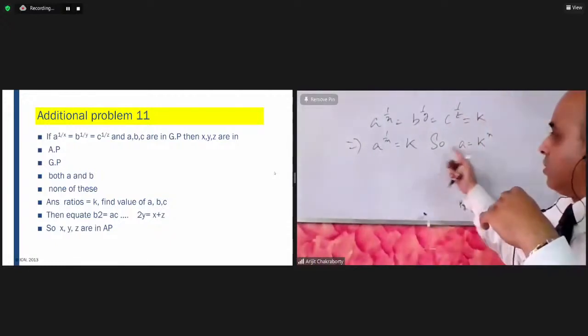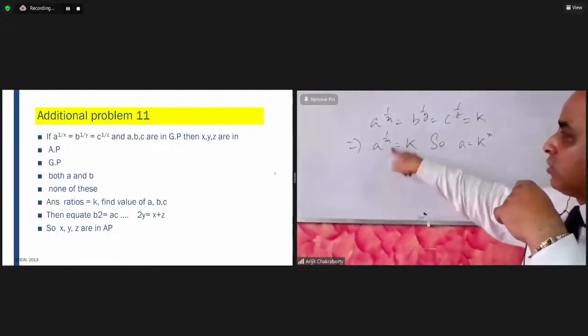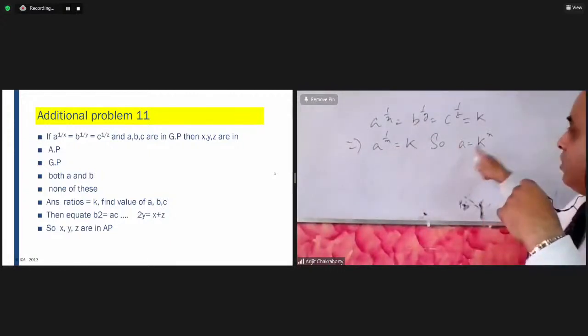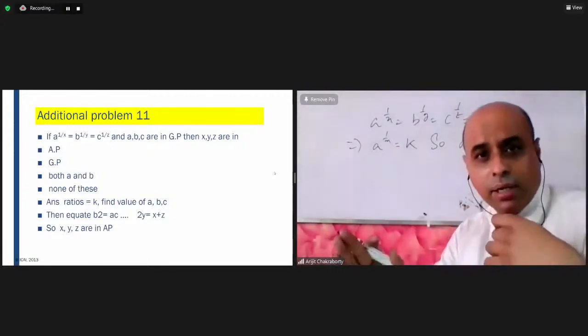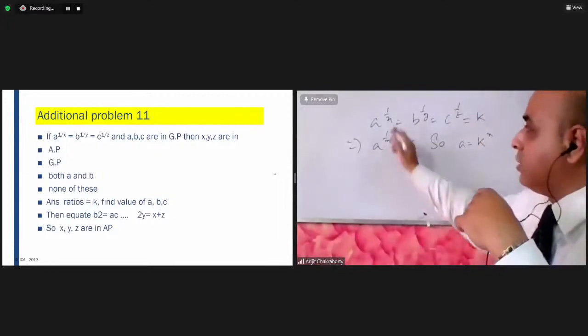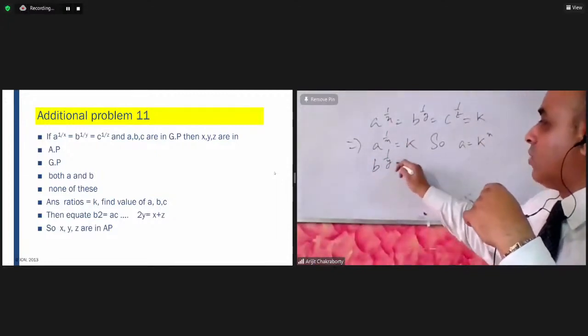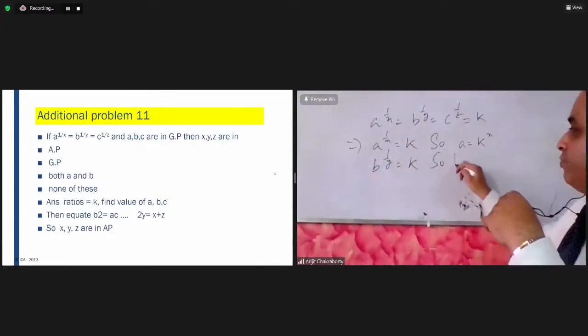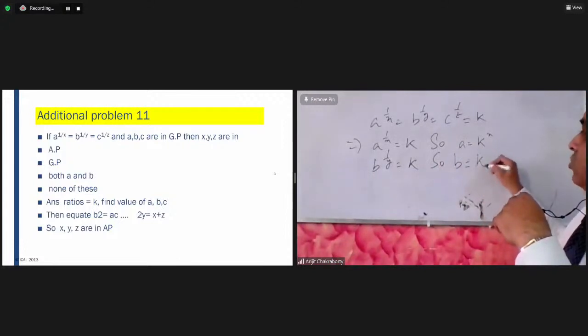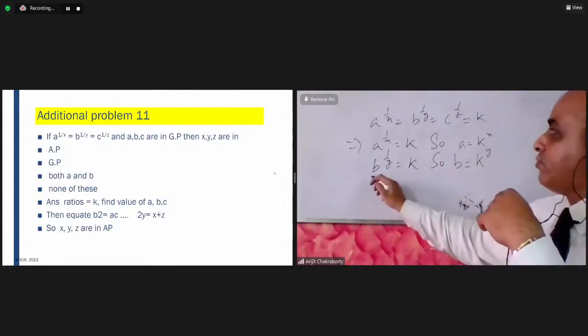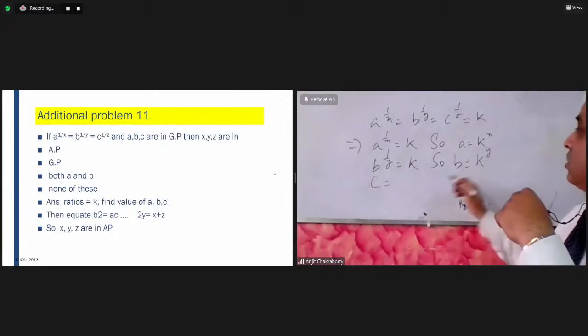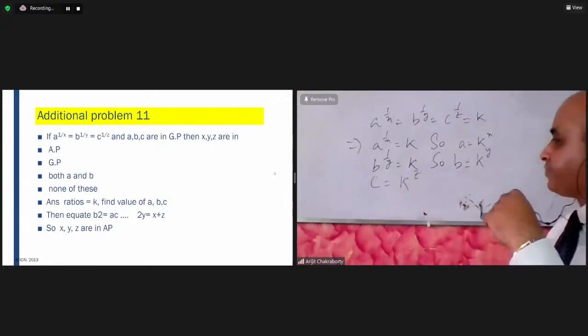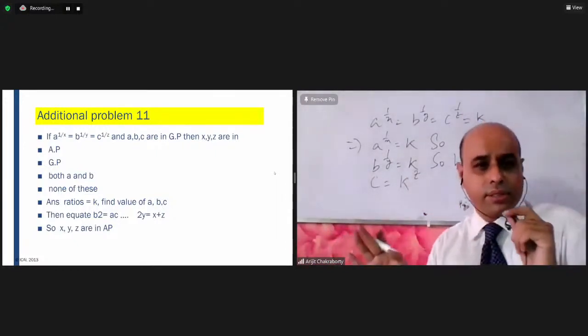If a to the power 1 by x equal to k, then a will be equal to k to the power x. Similarly, we can write b to the power 1 by y is k, so b will be equal to k to the power y. And therefore, c is directly equal to k to the power z. I think you have followed till this.